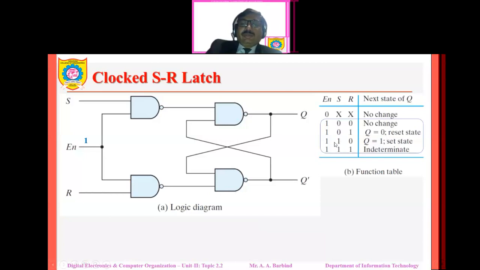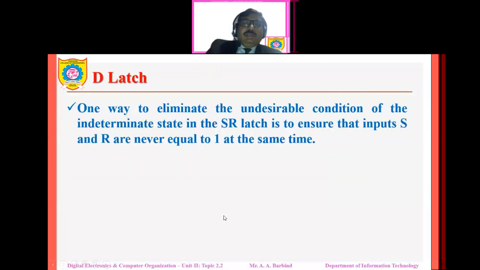When S is 1 and R is 0, the state of the flip-flop will be set state, that is Q will be 1 and Q bar will be 0. Whereas if you give both S and R to be 1, then in that case the state of the flip-flop cannot be determined, and this particular input should not be given to this particular flip-flop.